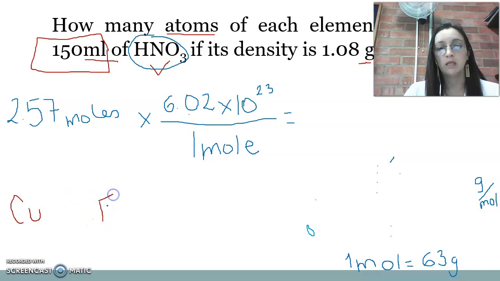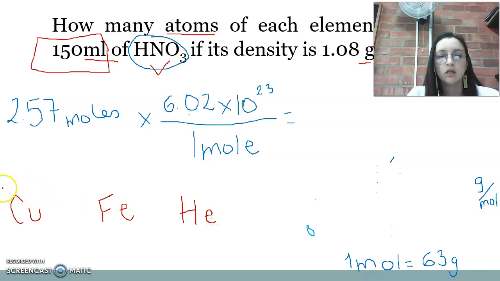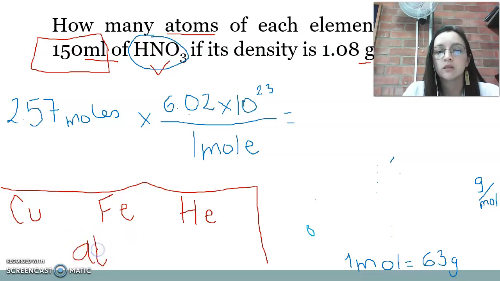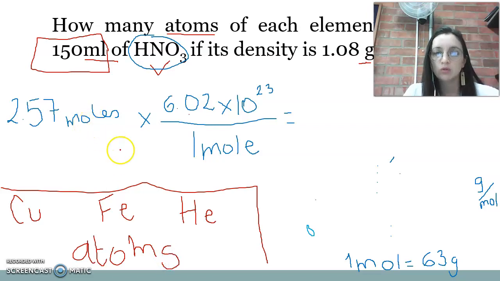For example, metals are the most common ones, or maybe a noble gas that doesn't form molecules. If you notice in here, they are single atoms, single elements. So in this one, they automatically form only atoms. We have no combination of atoms or elements in this case. So in that case, we will change from moles to atoms.